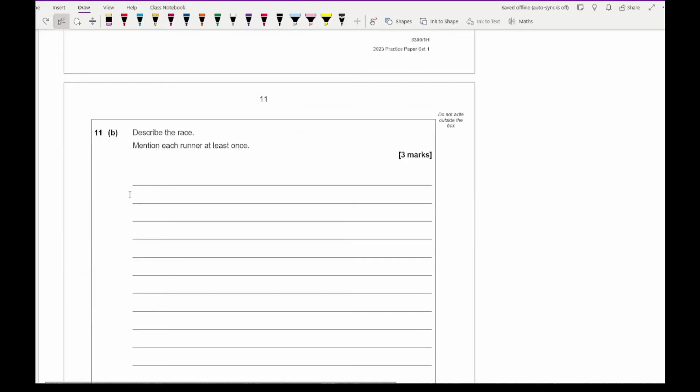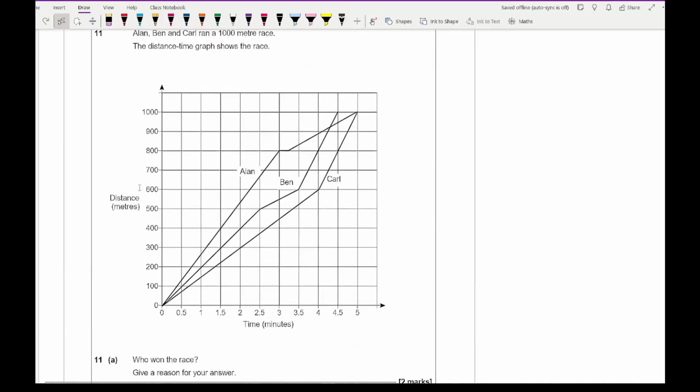It then says describe the race, mention each runner at least once. So let's first of all look at, now I'm going to write it on this side here, B. So let's talk about the initial race. So from the start, in the first 2.5 minutes, Alan was leading.